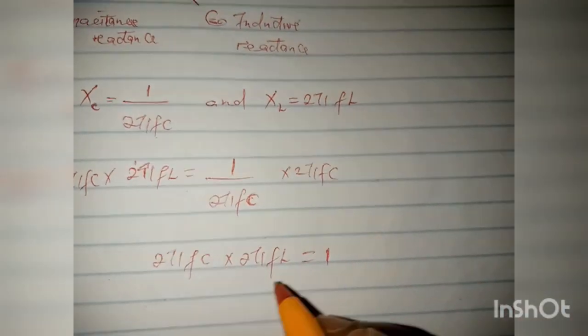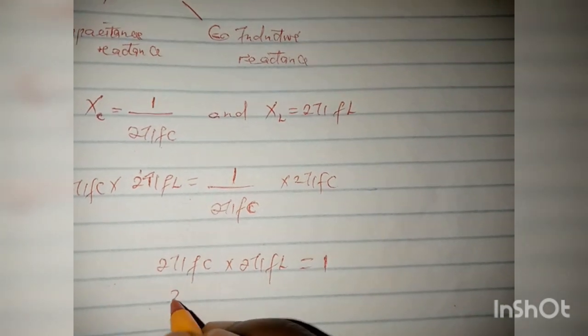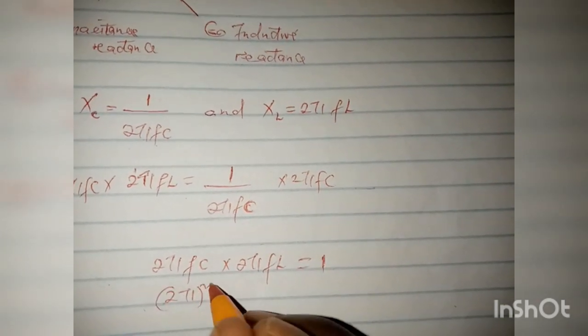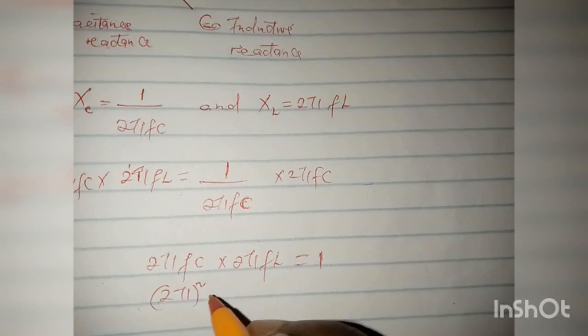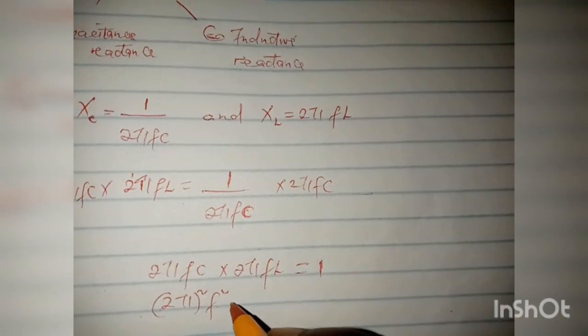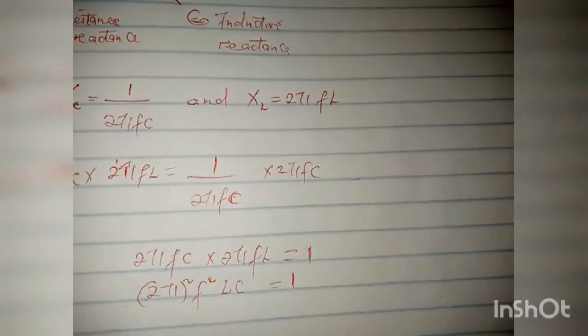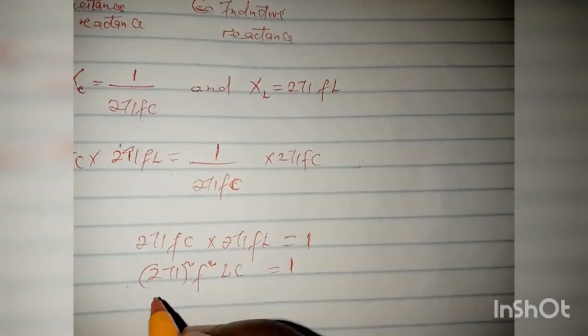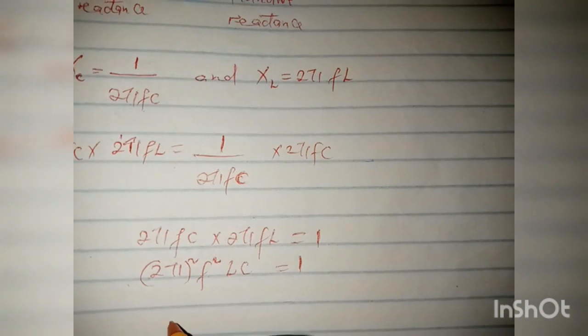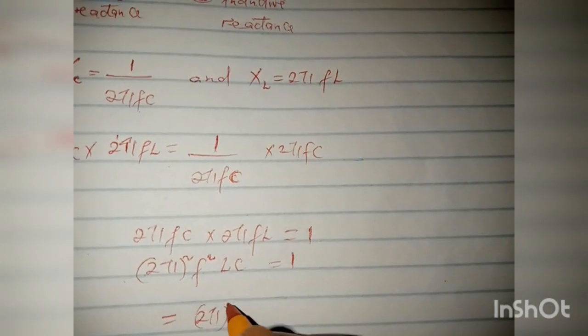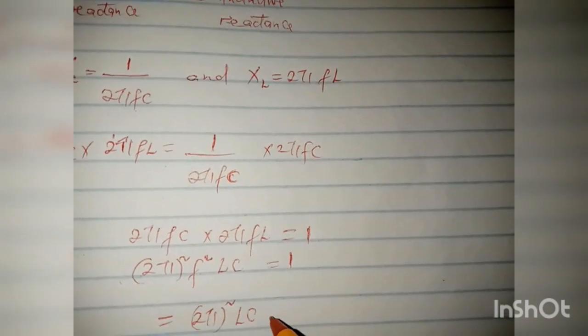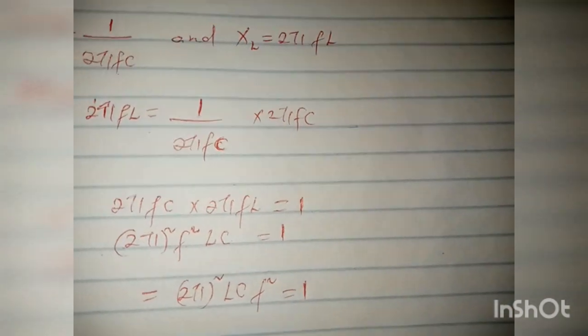Hope you understand. And there you have 2 pi squared, and this is F squared, the same thing. LC is equal to 1 there. And this can also be written as (2 pi) squared LC F squared is equal to 1.